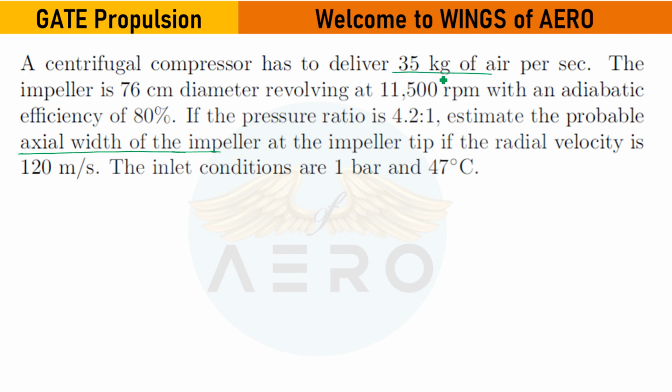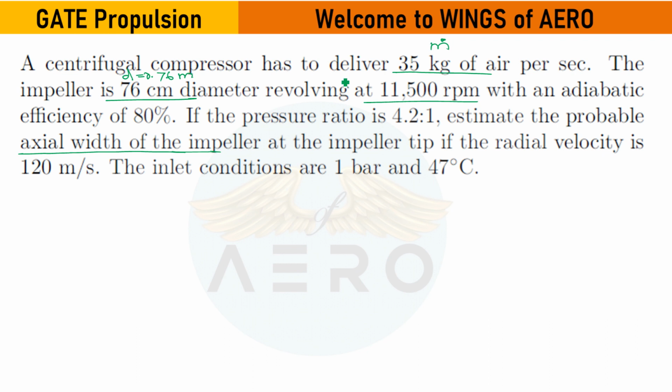They have given the mass flow rate of air per second. Then they have given the impeller diameter, 76 centimeter. Always try to convert the units into meters, so I can write 0.76 meter.